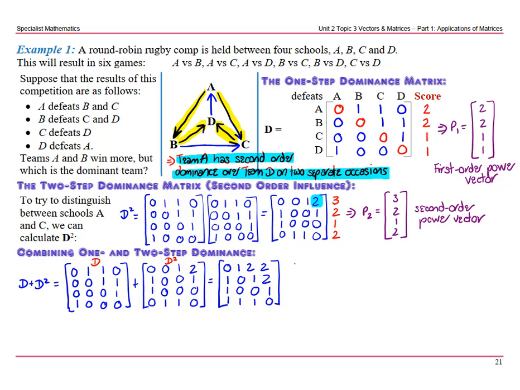So 2 plus 2 plus 1 is 5, 1 plus 1 is 2, plus 2 is 4, 1 plus 1 is 2, and then 1 plus 1 plus 1 is 3. Now note, that's our power vector, which is 5, 4, 2, 3.